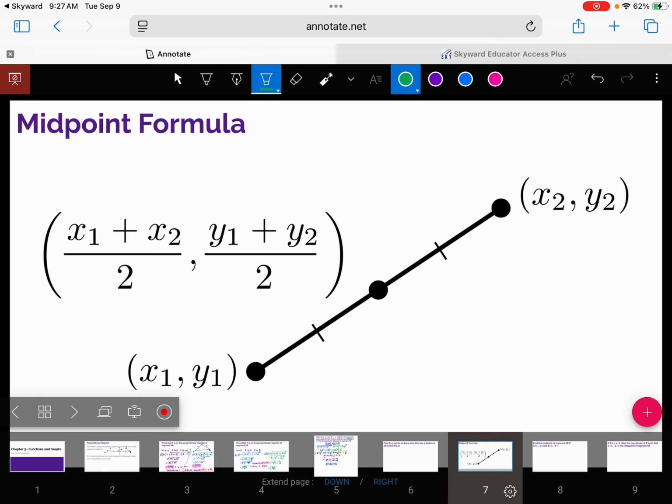So x1 plus x2 divided by 2, because there's only two things there. y1, y2, add those together, divide by 2. There's only two things there. So you're averaging your x and your y. That's how we're finding our midpoint.